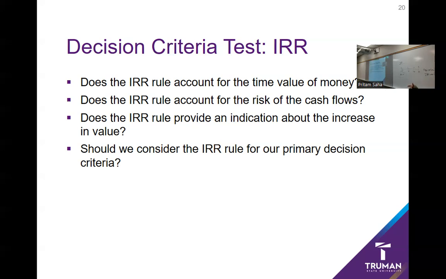Now, if we flip the story, at 9.7%, NPV is 0, right? At 12%, what is your expectation about NPV? Positive, negative, or 0?